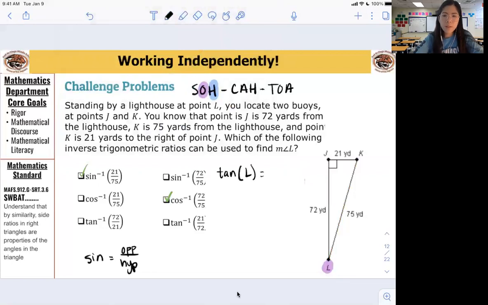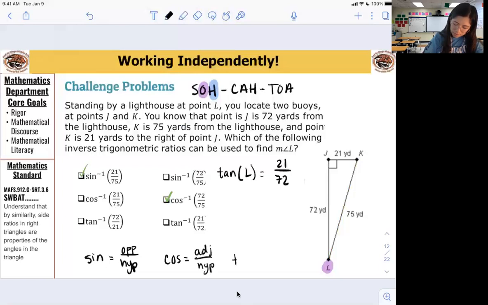21 over 72. Very good. Opposite, 21, opposite over adjacent. So let me actually write all of these down. Cool.